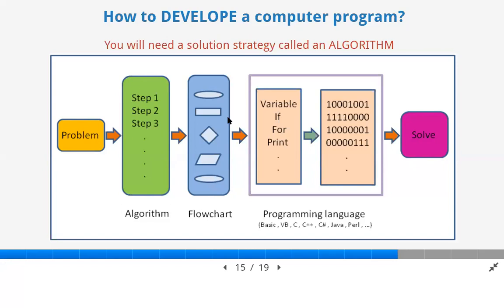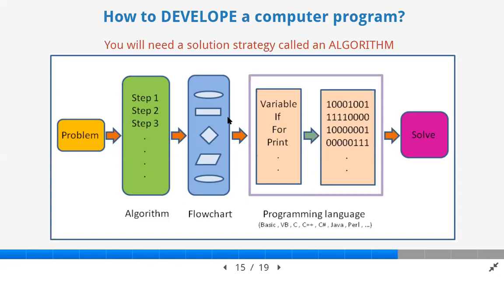Then we draw this algorithm in a flowchart. Why do we choose a flowchart? Because a flowchart can be easily interpreted, because we know the loop when we have to come back to the previous step, and at which step we have to stop, and so on. So we will use a flowchart to define our algorithm.